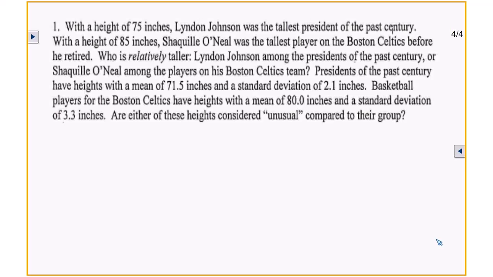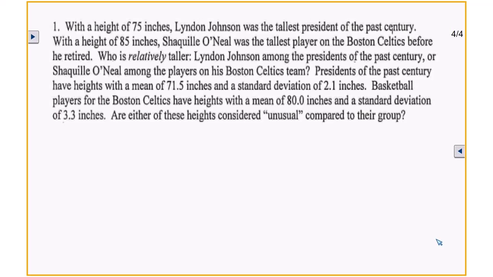I don't know how tall Reagan or Clinton were. I want to say that Obama was a little bit taller than W. I don't know who the tallest president was in recent history, but I know Madison, I think, was 5'4". Anybody look it up? Of course not. Okay, Lyndon B. Johnson was actually tied with Abe Lincoln.